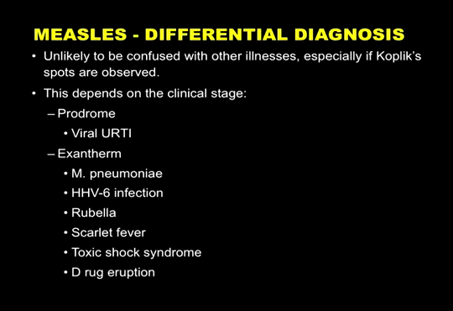And in the stage of exanthem, when they have the rashes, it could be Mycoplasma pneumoniae. They tend to present with rashes as well, and sometimes in extreme cases, they present with features of Stevens-Johnson syndrome as well. Then human herpesvirus type 6 infection, and rubella, which is the closest to measles, though with rubella, they always have milder symptoms.